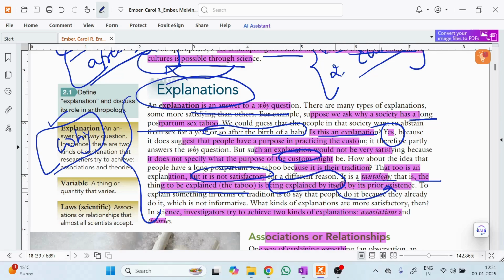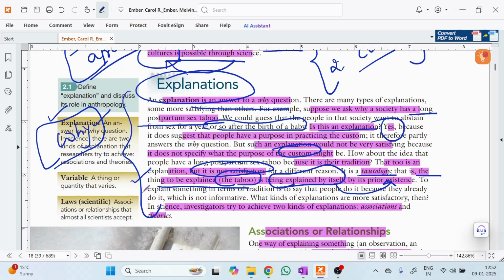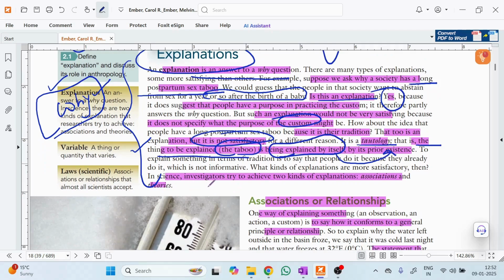This means that this practice or custom was in existence before the birth of the speaker or the explainer, and then he or she is practicing it just because it is a custom, it is the wish of their ancestors to continue this tradition. So in that way, it is an answer, it is an explanation, but it is not explaining why they have this particular custom. So what kinds of explanations are most satisfactory?